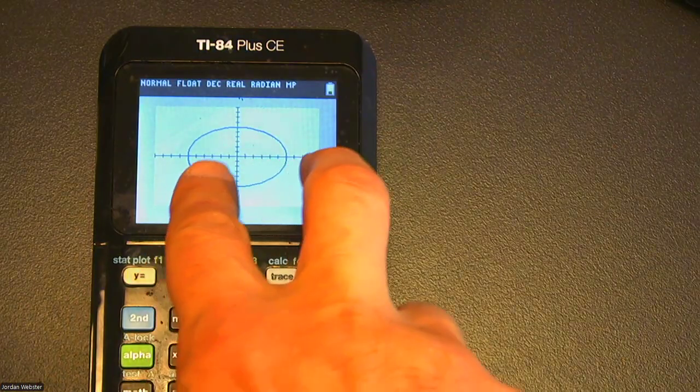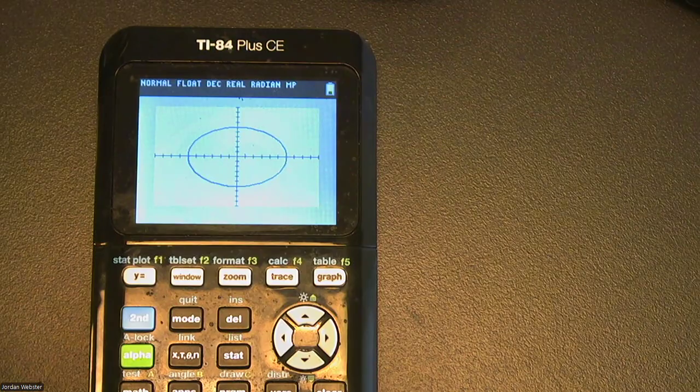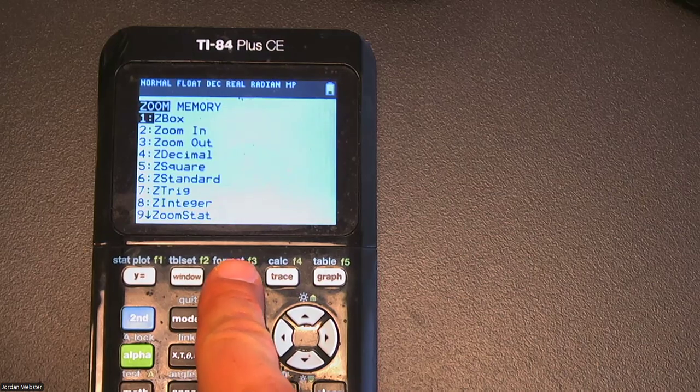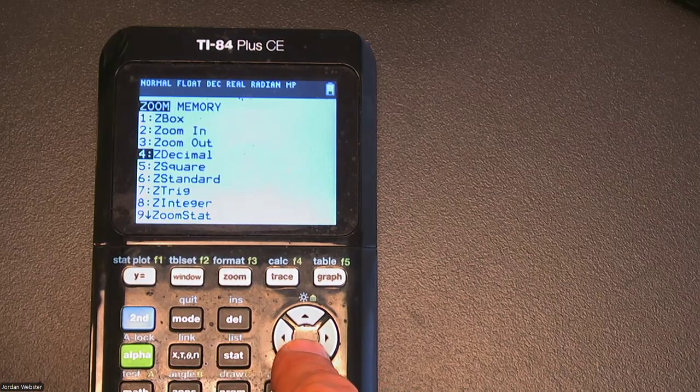So each unit in the x direction is slightly bigger than each unit in the y direction. So it looks like a circle stretched out, even though that's actually a perfect circle. If you want a perfect circle, one way to do that is to do the square zoom on your calculator.